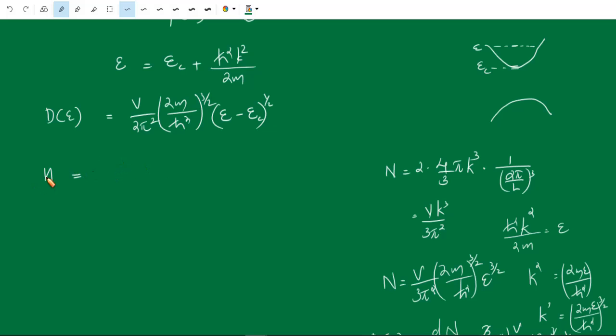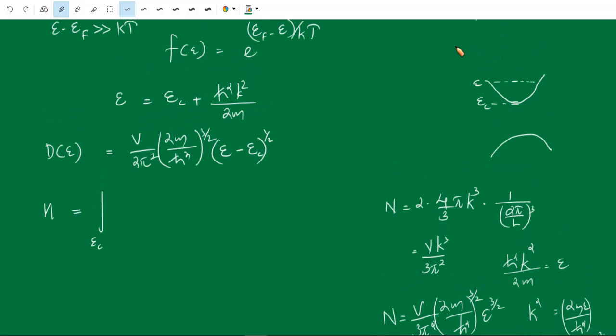so this is denoted by n, small n. Here the lowest energy in the conduction band is EC, so this is from EC to, the upper limit is infinity, can have any energy up to infinity.